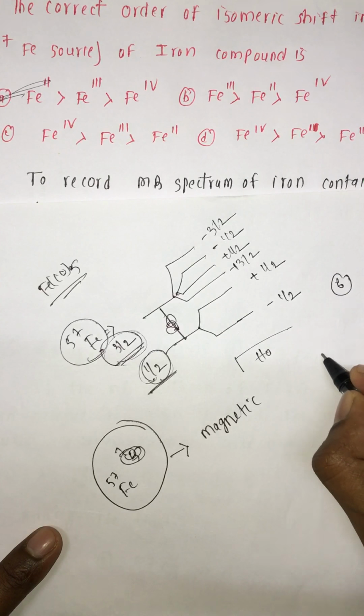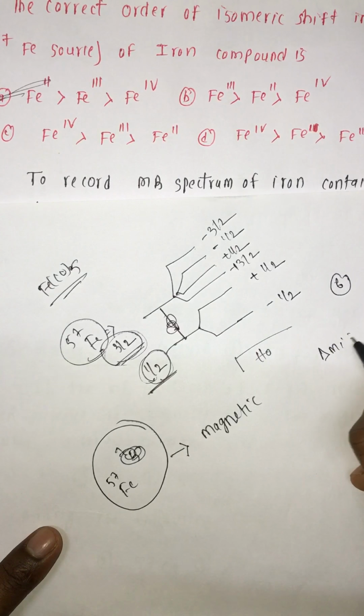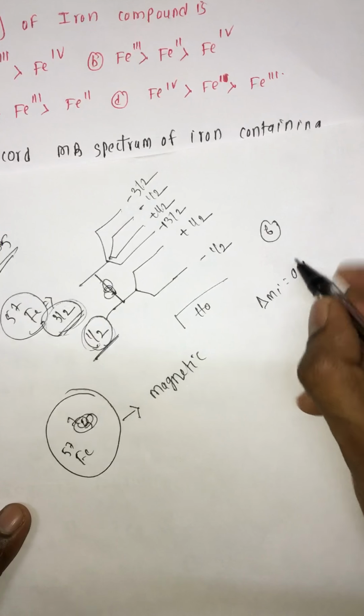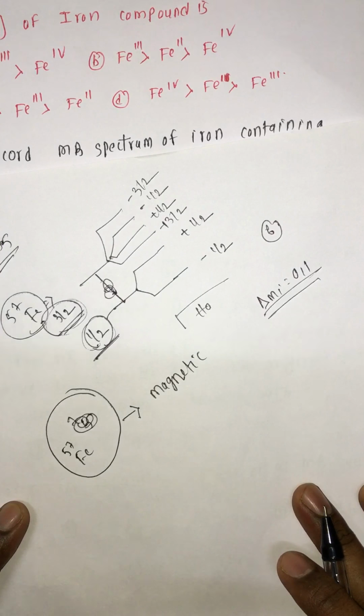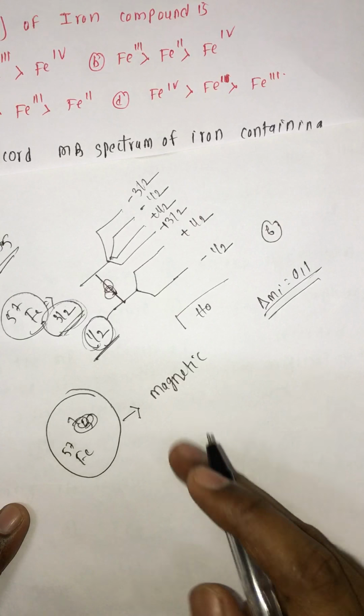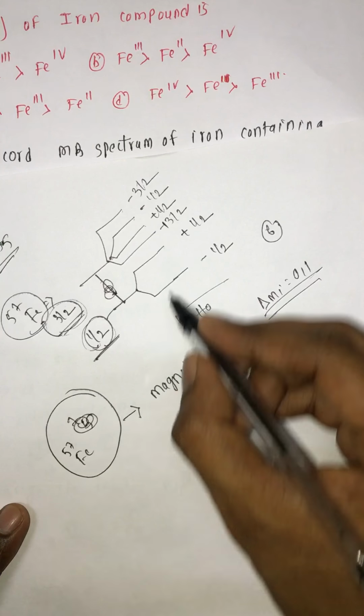The selection rule in the Mössbauer spectrum is delta m equals 0 or plus or minus 1. So there will be transitions from the ground state to the excited state.